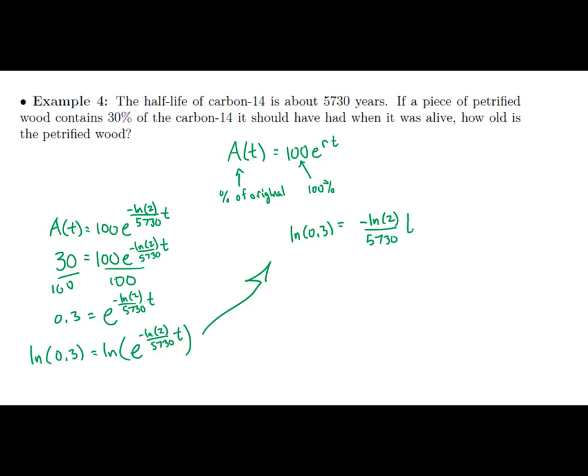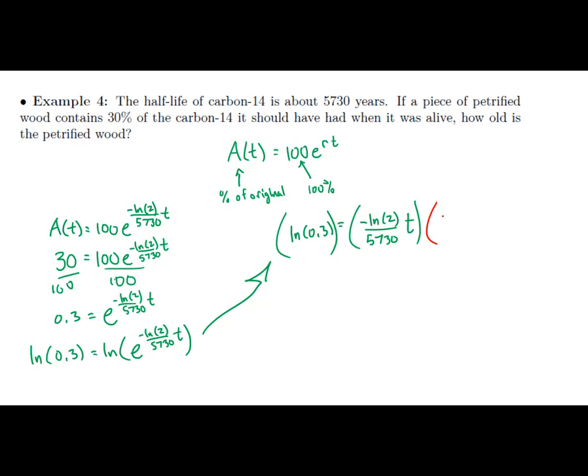5,730 times t. Right? But again, this is just a fraction times t, right? So if I want to get rid of it, I can multiply both sides by the reciprocal. I'll change colors to make it a little nicer looking here.